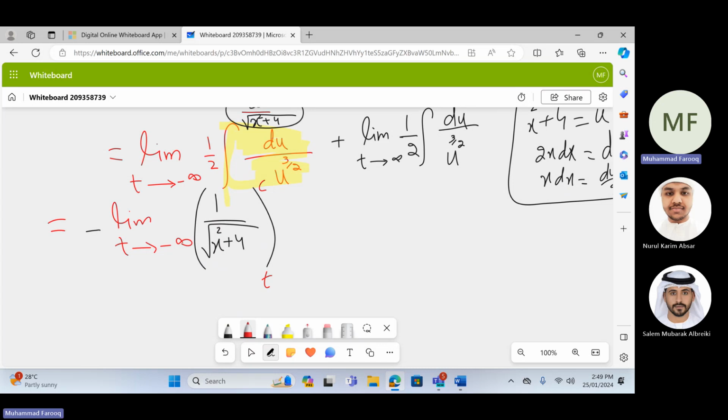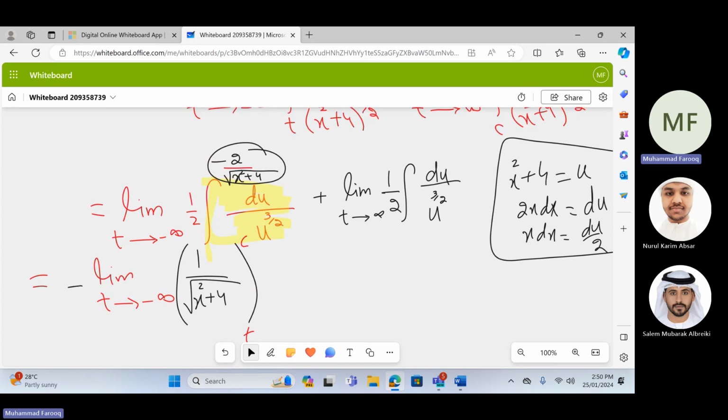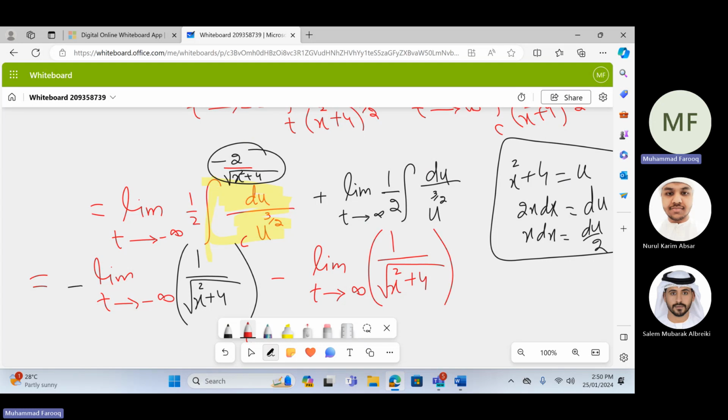Okay? Same, copy paste the answer here, please. It's the same function, by the way. So what will happen here? Again, this positive sign becomes negative because in our calculation we are getting minus 2 here. So 2 and 2 cancel out, so you have now a negative sign. You have limit t approaches positive infinity. Our answer is 1 over the square root of x squared plus 4, however this has limits from c to t.